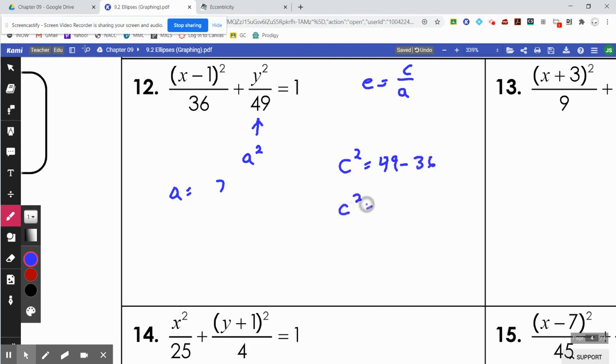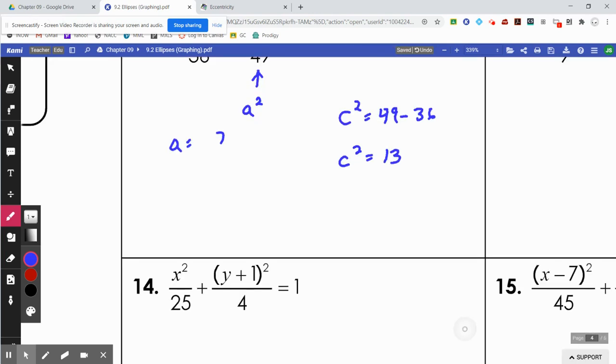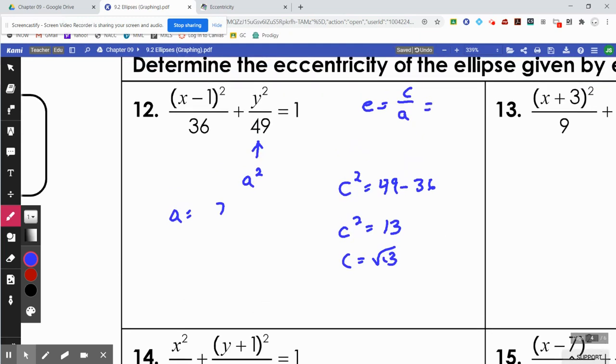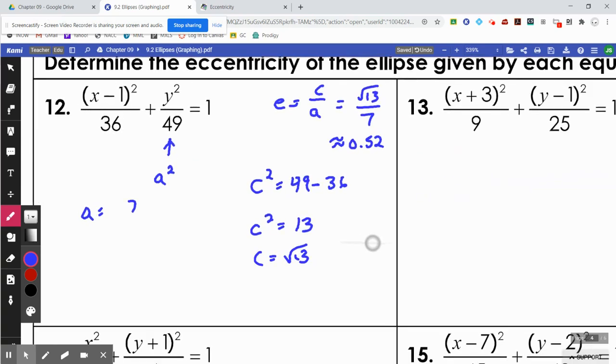So C squared is 13, so C is equal to the square root of 13. So therefore, our eccentricity here is going to be root 13 over 7, which is somewhere around 0.52. You're kind of in the middle there with 0.5.